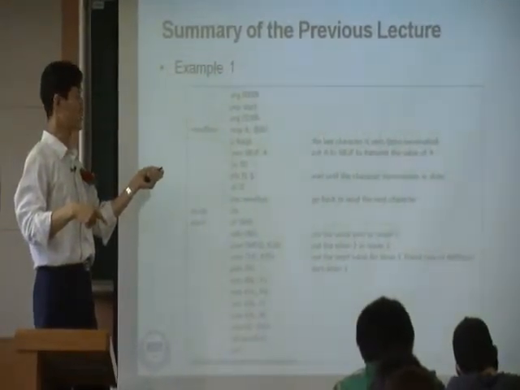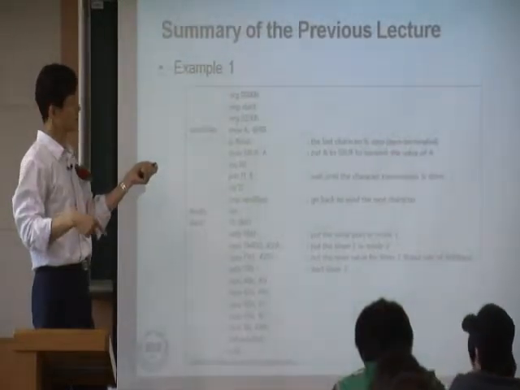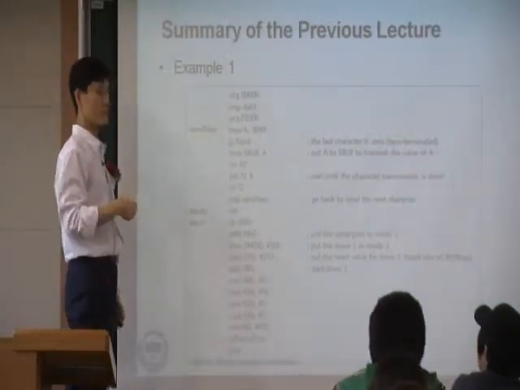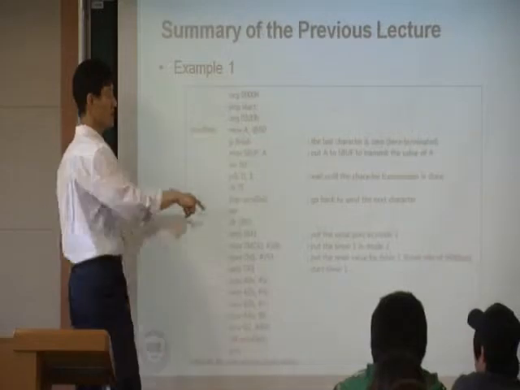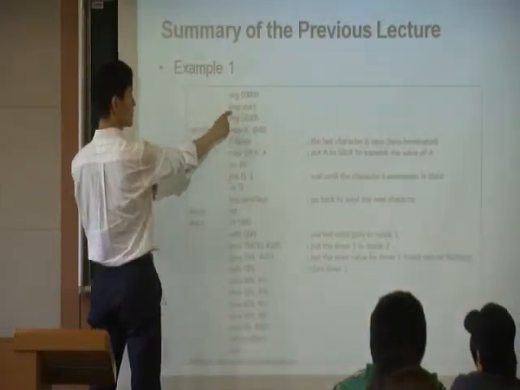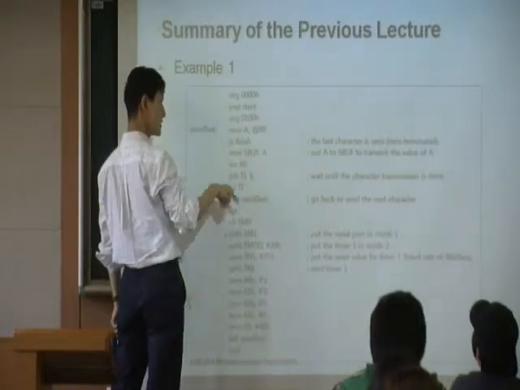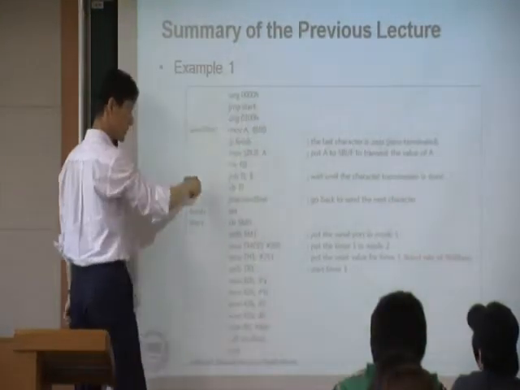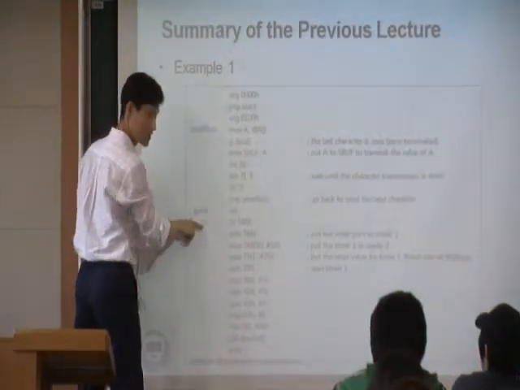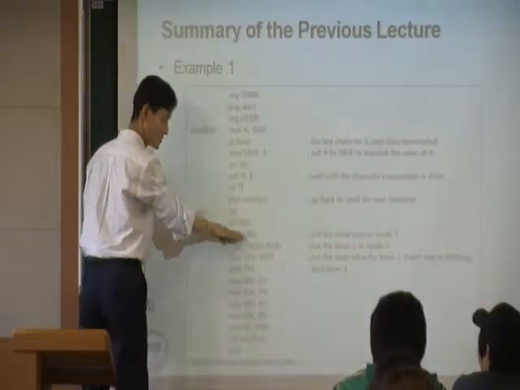That's why we call this a reset vector. In the reset vector, you always have a jump to your own program. So same here, I have a jump start. When you reset it, it jumps to start, and my program actually starts from here.